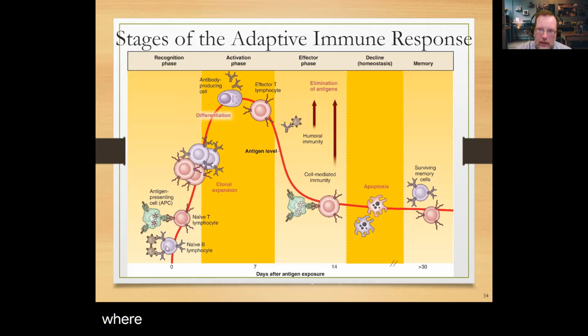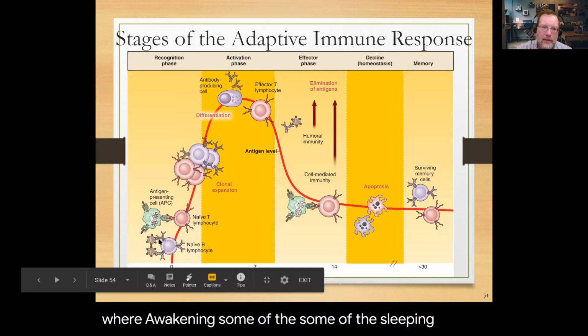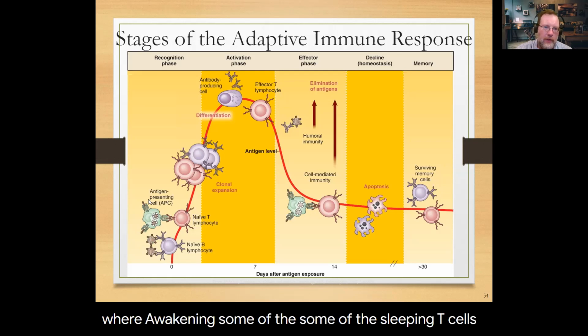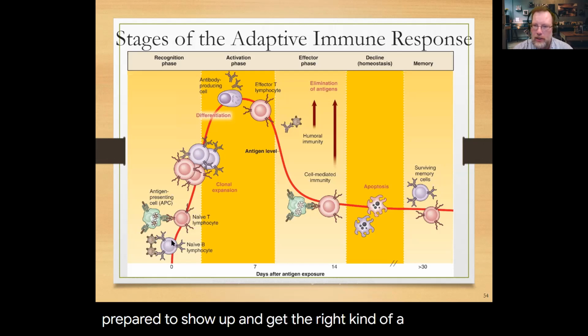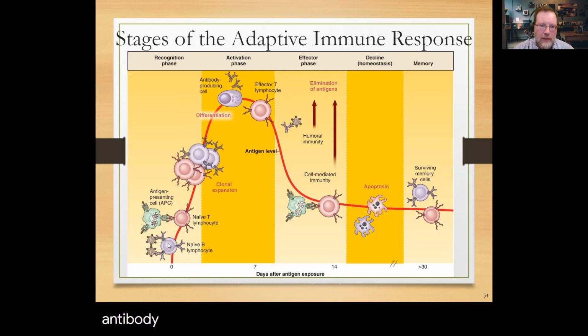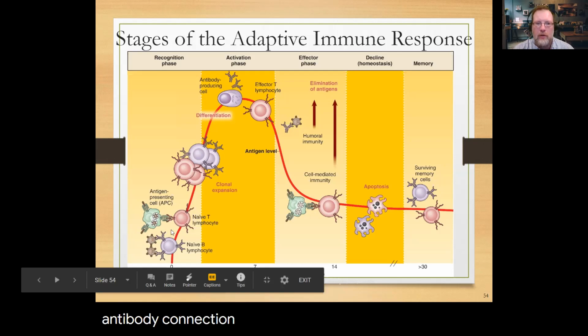We're awakening some of the sleeping T cells. We're waiting for these B cells to basically get prepared to show up and get the right kind of antigen antibody connection figured out. And so this takes a little bit of time.